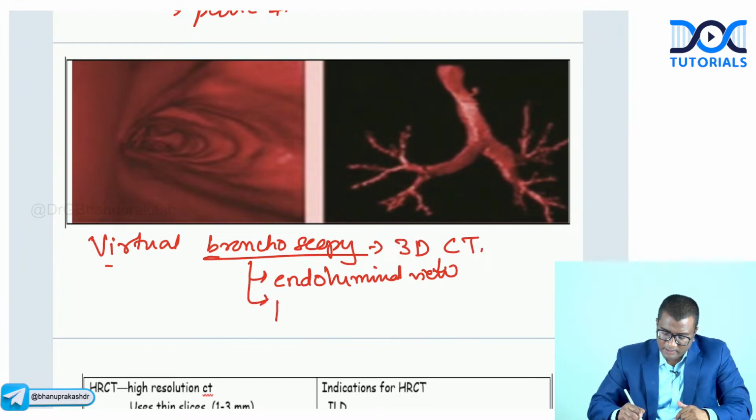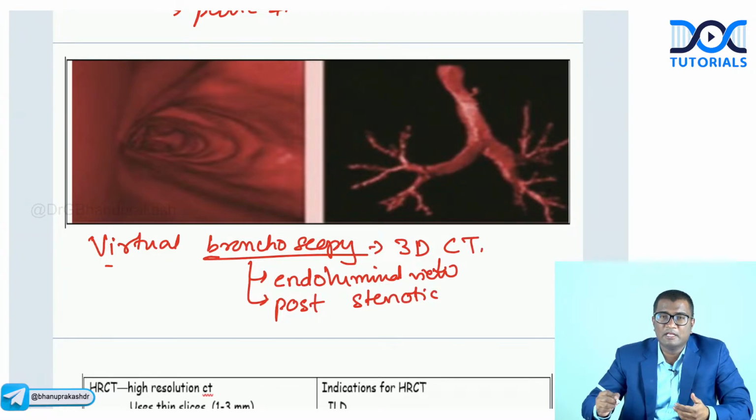They can look at post-stenotic areas where you cannot put your endoscope and go. The advantage of CT colonoscopy and virtual bronchoscopy over a regular colonoscopy and bronchoscopy is that these can look at post-stenotic areas, right?